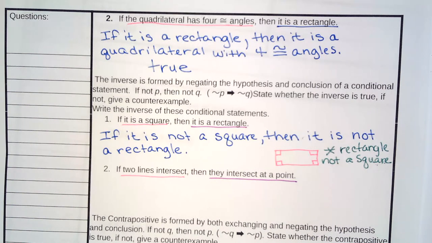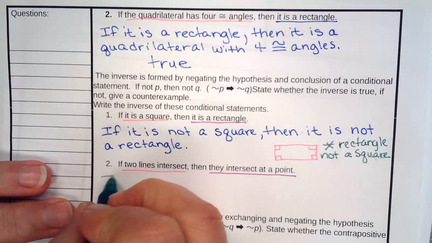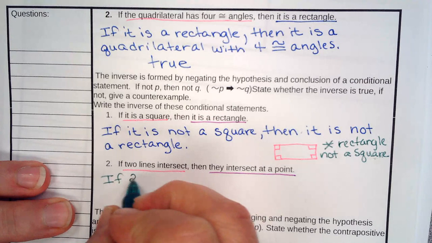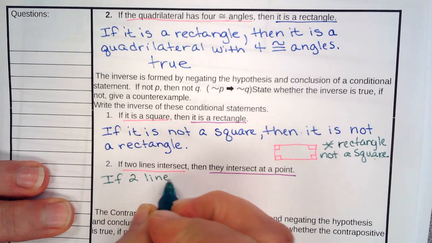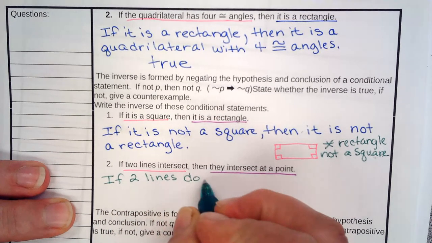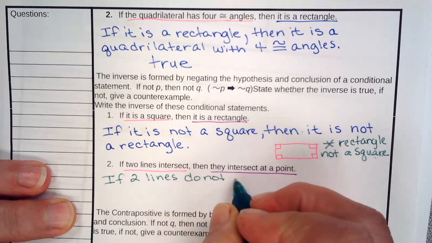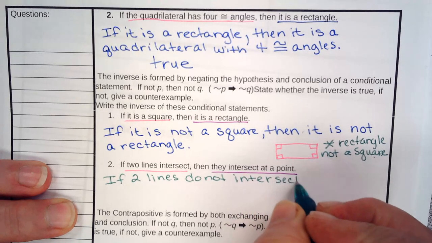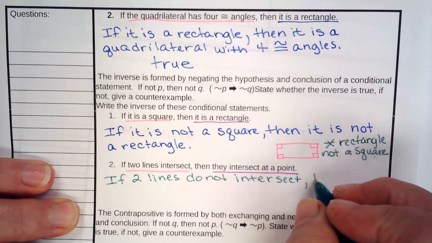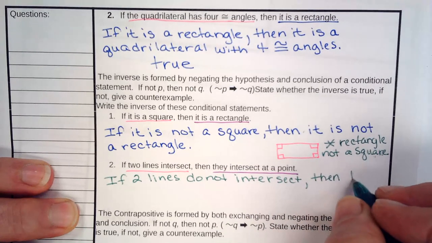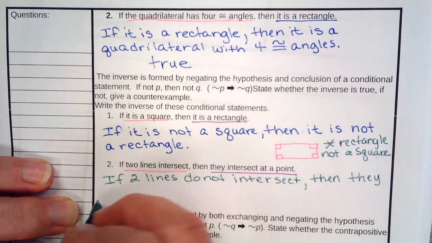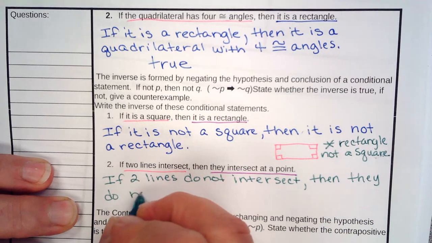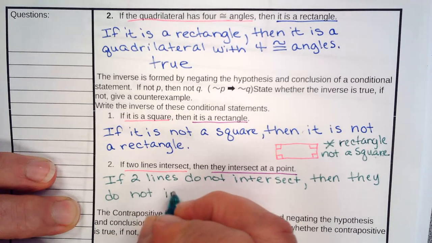If two lines do not intersect, because that's the opposite of intersecting, then they do not intersect at a point.